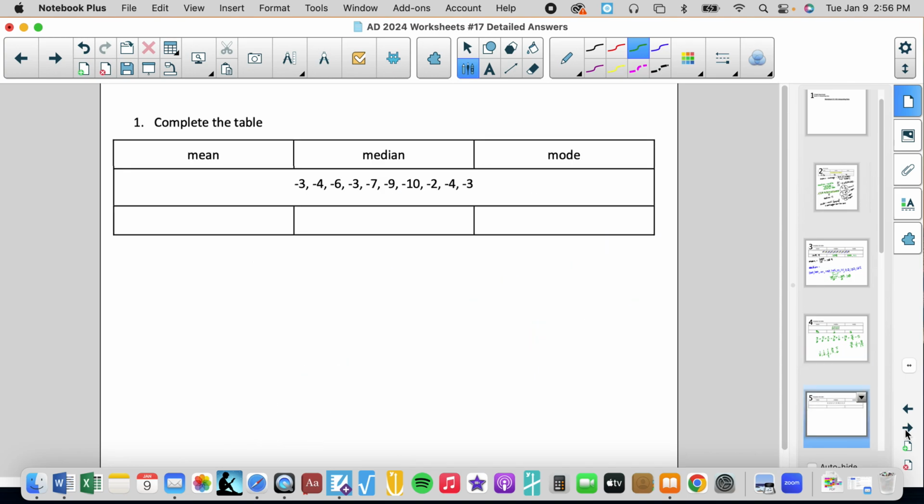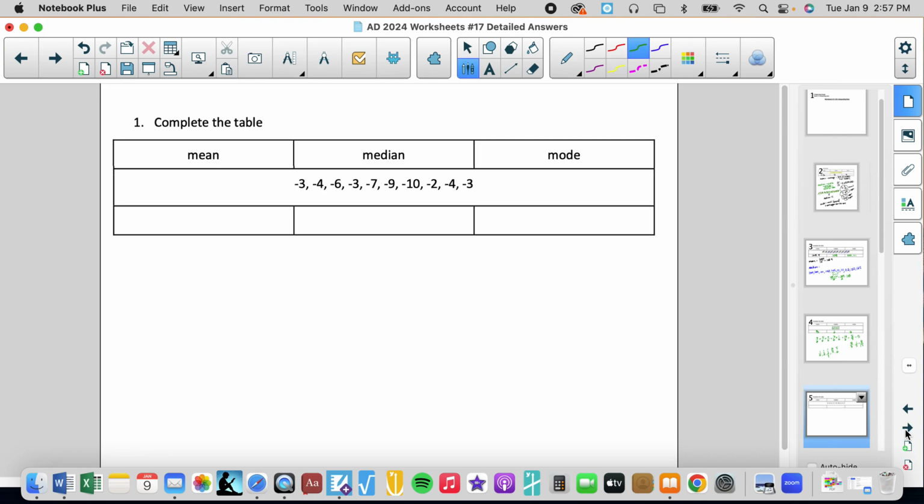I like negative numbers, so it'll get fun when we have to put them in order. But let's add them. So -3, -4, -6, -3, -7, 9, 10, 2, 4, 3.